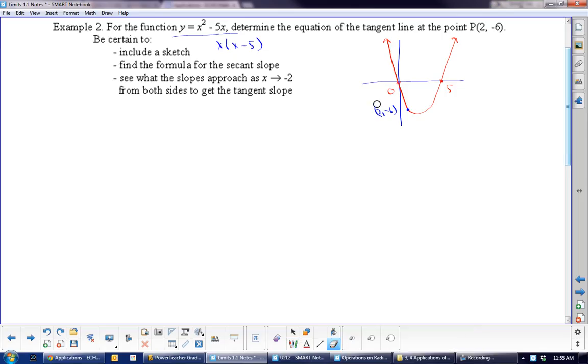Okay, so I need to find the slope at that point. Now, basically, you can kind of look at it, and it would be maybe that. Okay, that's probably the slope of that secant. The only problem is, when I have it like that, I don't have 2 points to go find that slope.